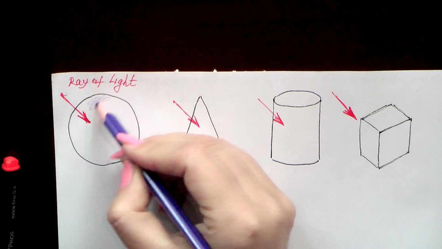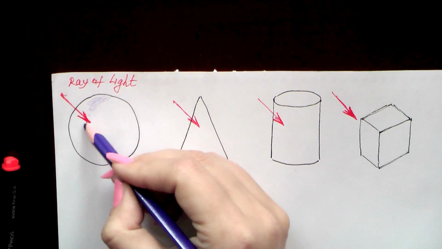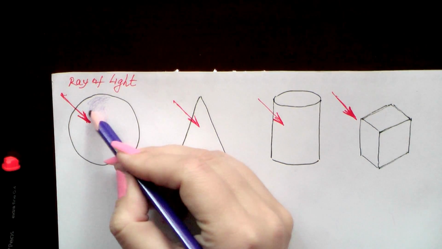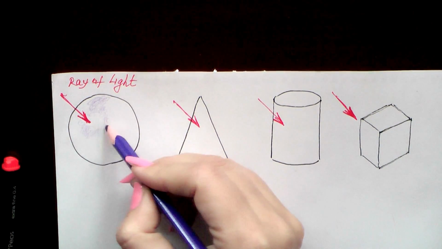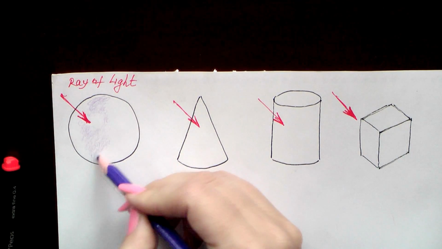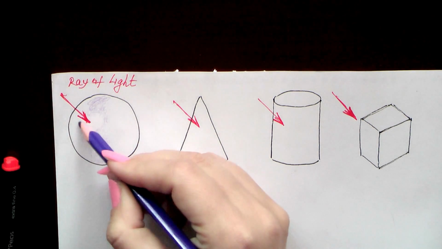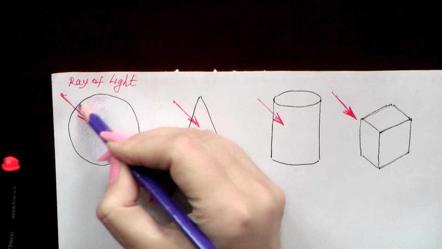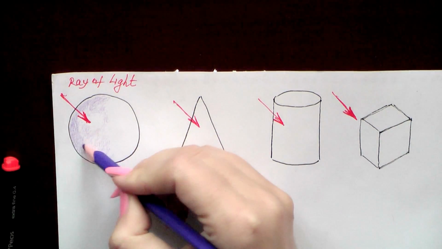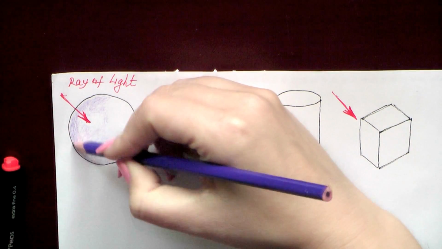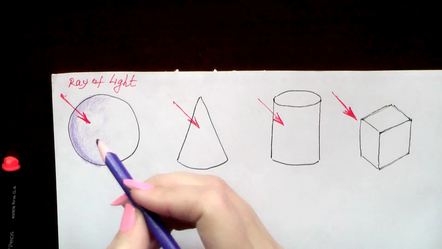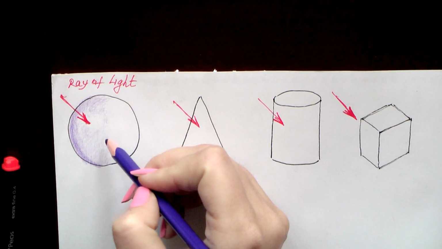So we have a violet sphere. Here is the lightest part.